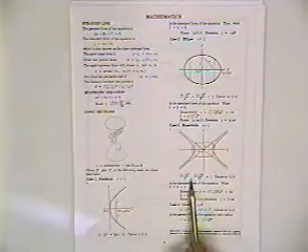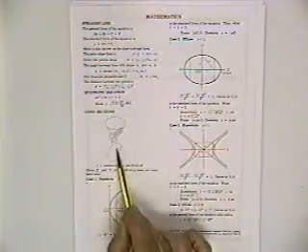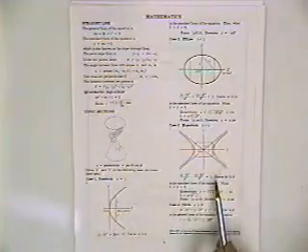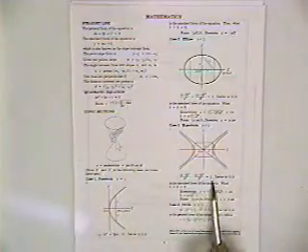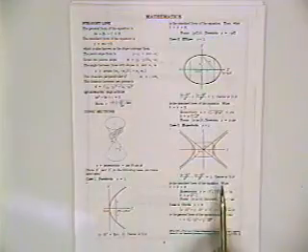That minus sign makes all the difference in the world and opens this particular hyperbola up along the minus x-axis and the plus x-axis. These two terms equal 1 on the right-hand side of the equation.